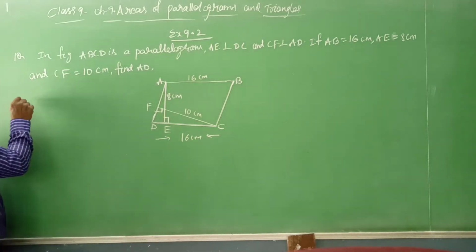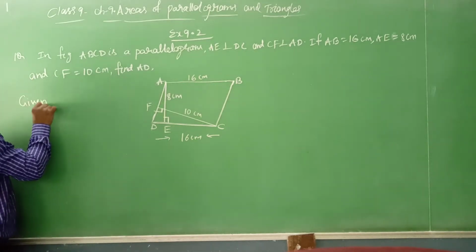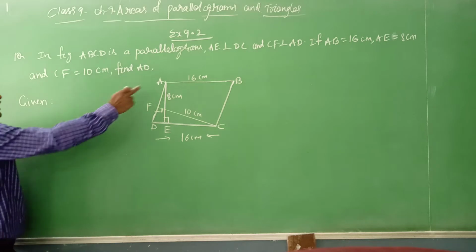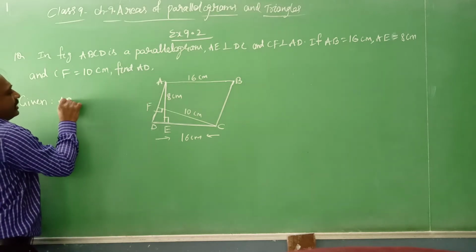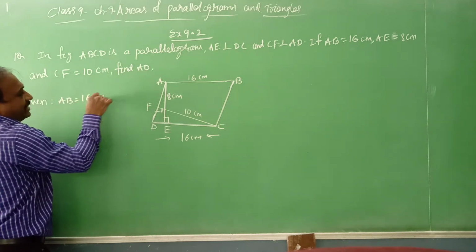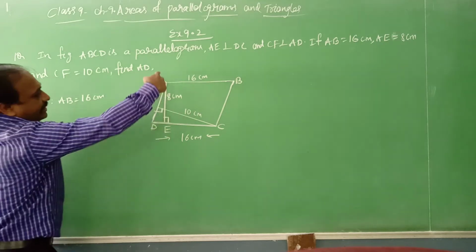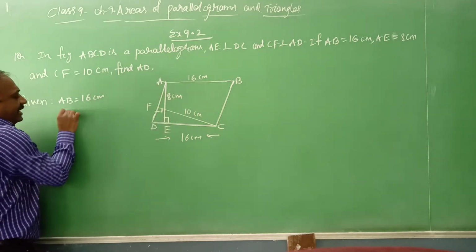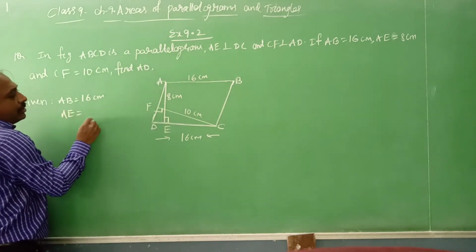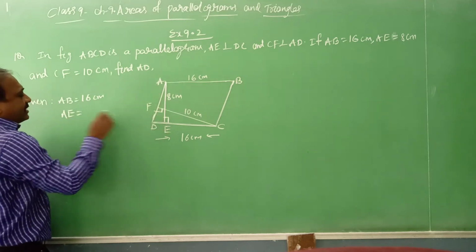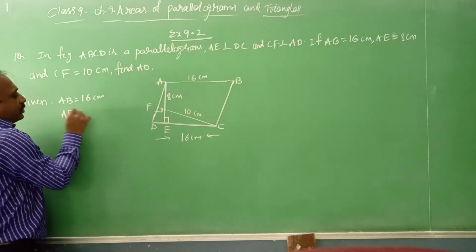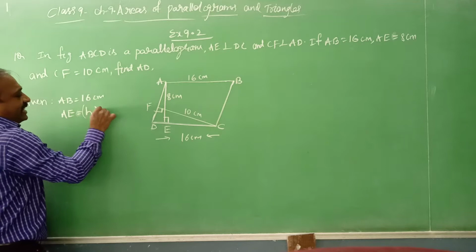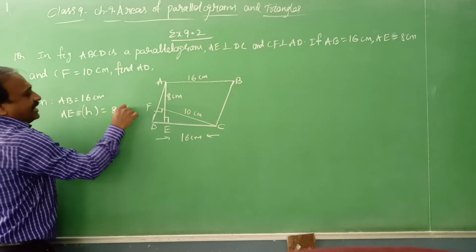So, what is given? AB is equal to 16 centimeters. AE is the altitude, so we consider H is equal to 8 centimeters.